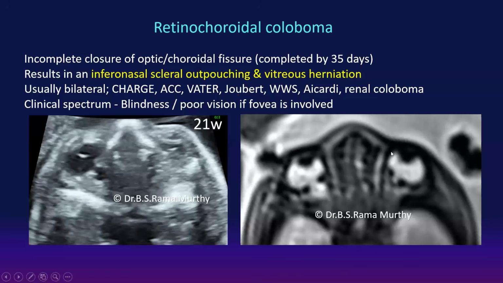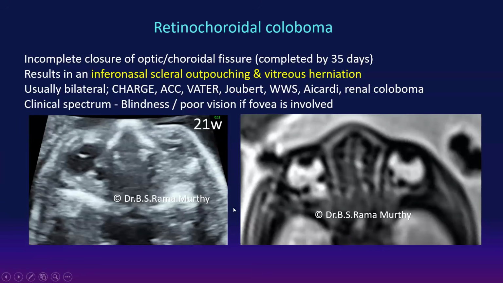Coming to orbital contour abnormalities, we could have retinochoroidal colobomas happening in utero itself. So this is basically because of incomplete closure of the optic or choroidal fissure, which should complete by 35 days of life itself. But if this doesn't complete, there's a small gap that is seen posteriorly, like a little staphyloma, a bulge from the posterior surface of the orbit, and that is called a coloboma.